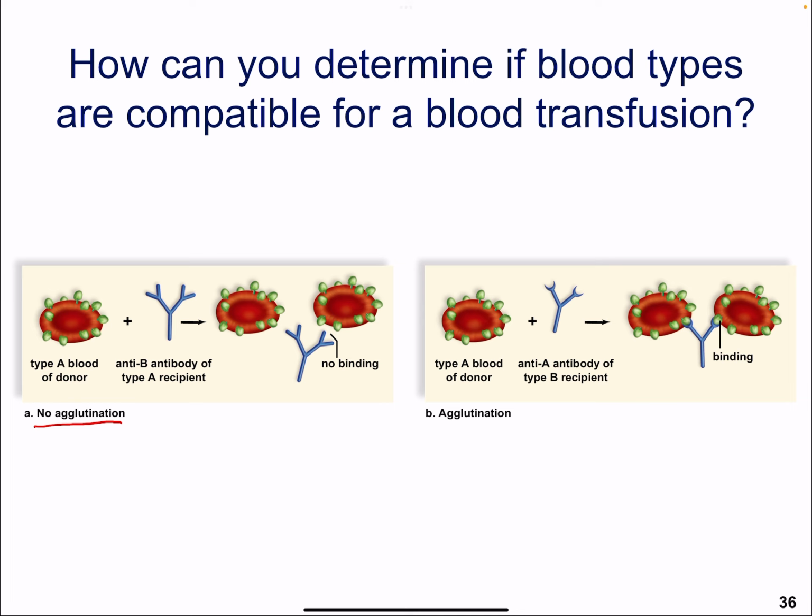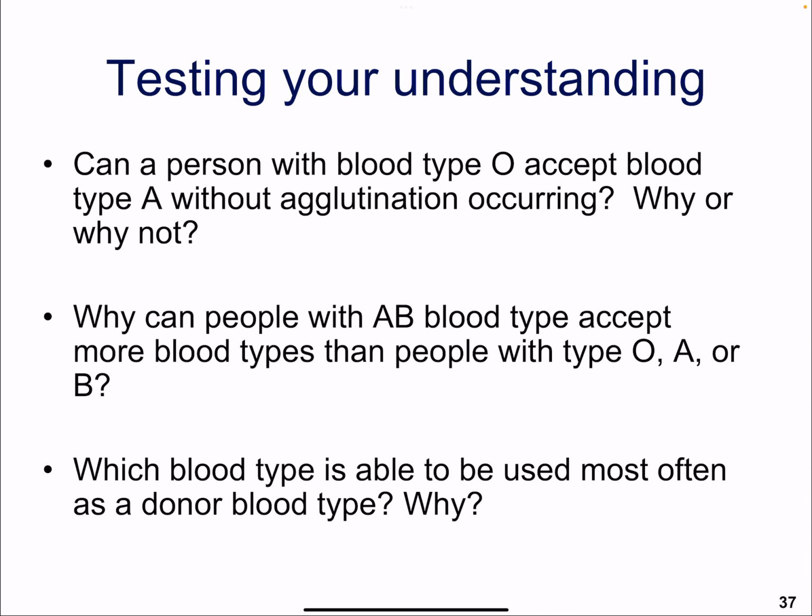No agglutination tells you that the antibodies are not attaching to the surface markers. Agglutination tells you that antibodies are attaching to the blood surface, right? Okay, agglutination, no transfusion, don't do that. No agglutination, yes, transfusion can happen, okay? All right.